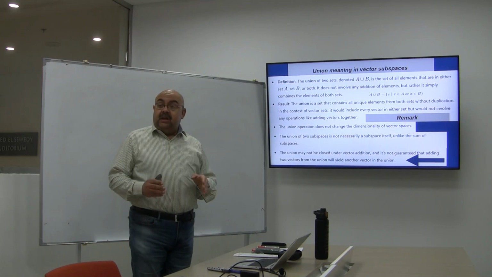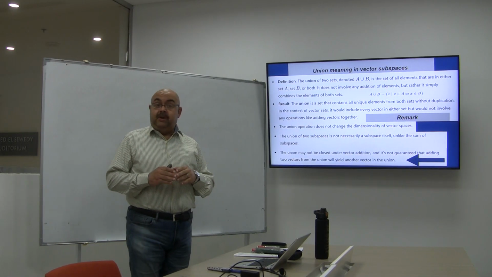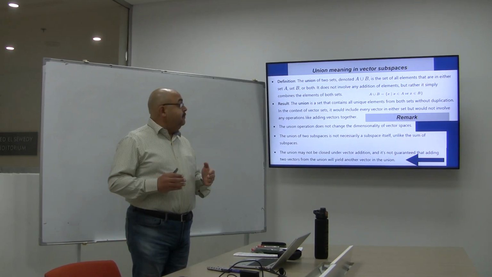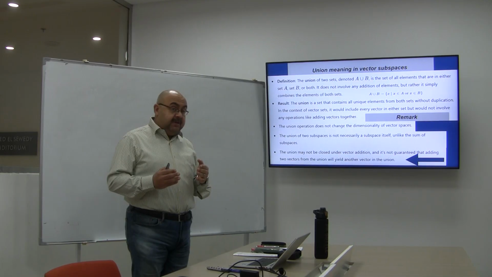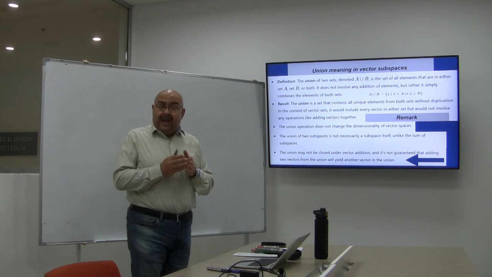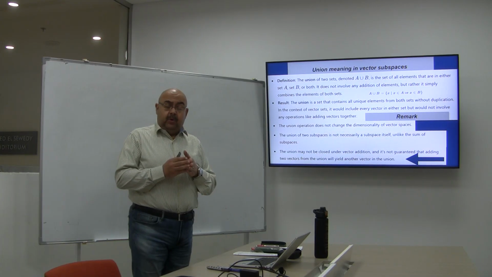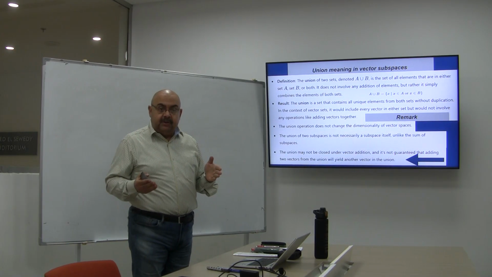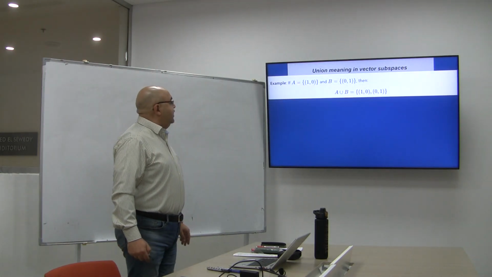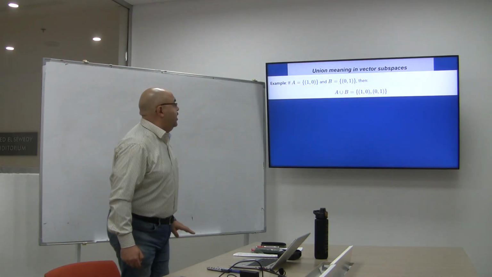So the reason the union may not form a subvector space is that, although these two are subvector spaces, once you combine them, you may end up with something that is not a subvector space, missing the conditions or something like this. I believe I have an example here, which is going to be really nice.